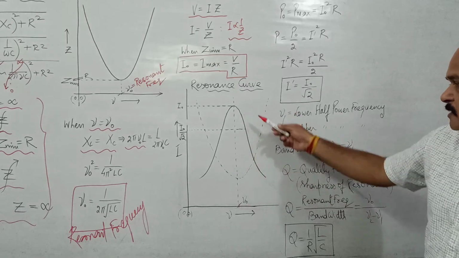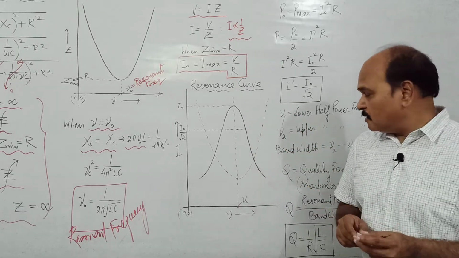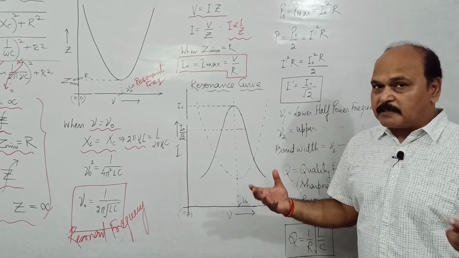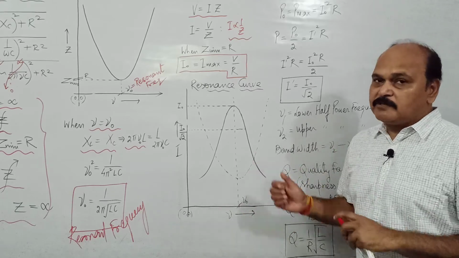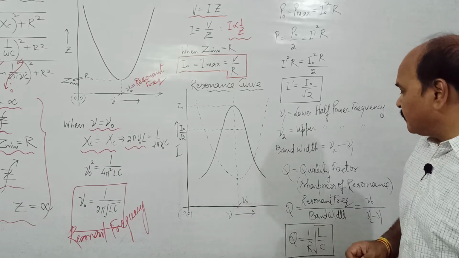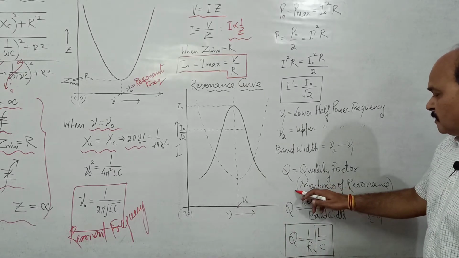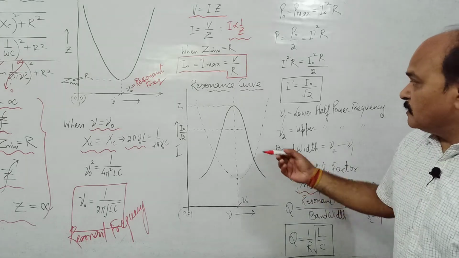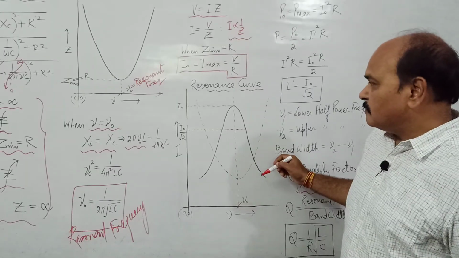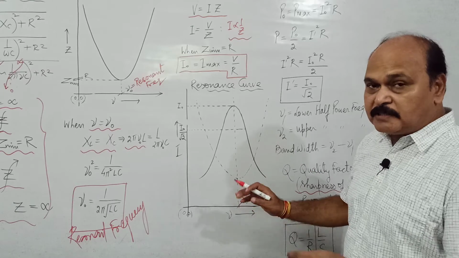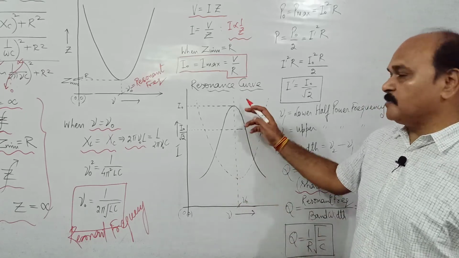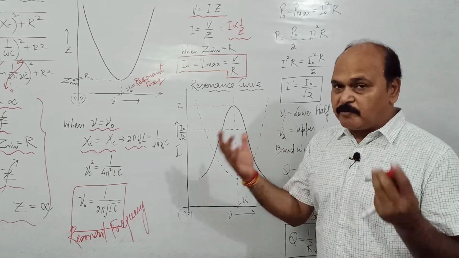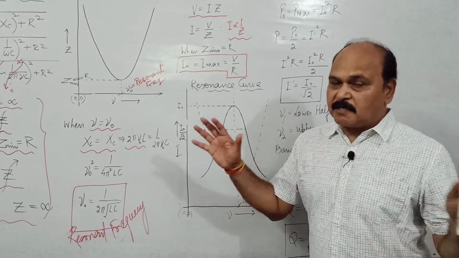Children, this resonance curve is characterized by quality factor. This quality factor is nothing but sharpness of resonance. And this sharpness of resonance is nothing but the rapidity with which the current decreases as the value of frequency is changed from its resonant frequency. When frequency of AC source is equal to resonant frequency of LCR series circuit, current in the circuit is maximum.